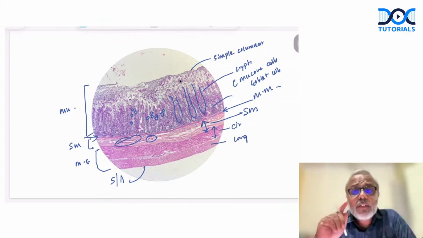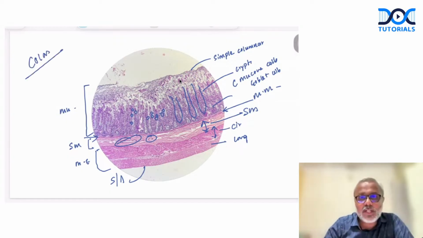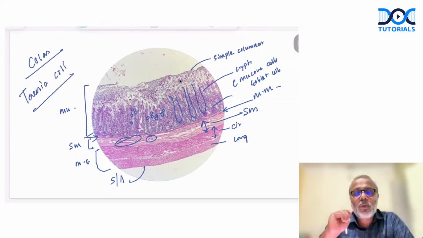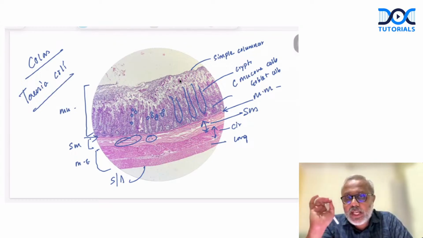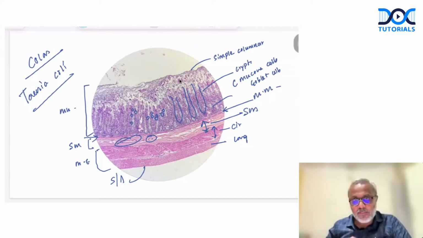One of the peculiar features of the large intestine is, remember, this is the slide of colon we are discussing. We need to identify Taenia coli. Now, what are Taenia coli? Taenia coli are aggregations of smooth muscle found in the longitudinal layer, found specifically in large intestine. Now, in this particular field, we do not see a Taenia coli.